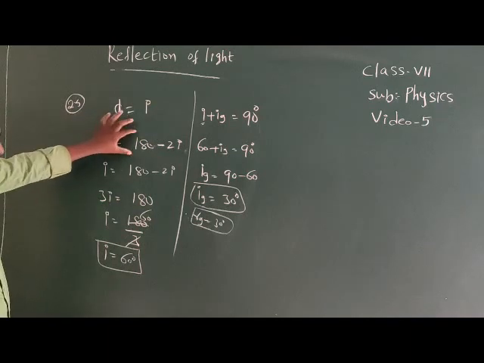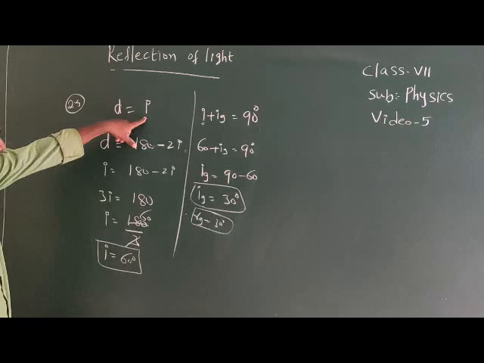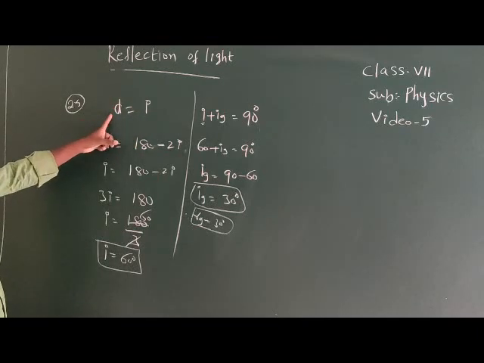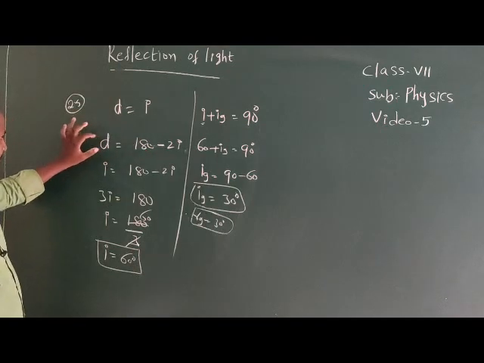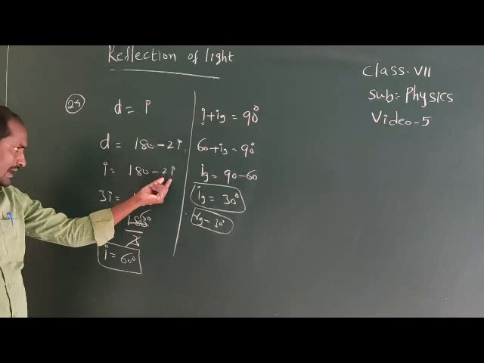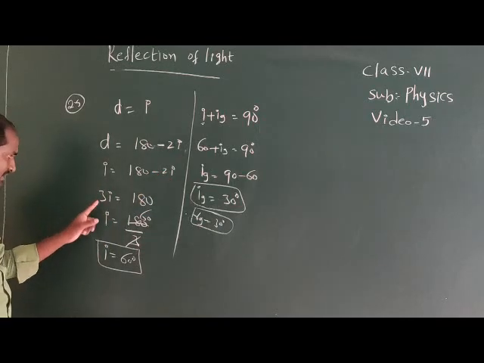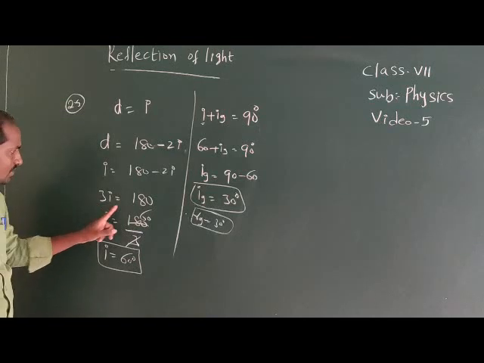So D equals 180 minus 2i. In the place of D we can write i, or in the place of i we can write D also. Now we expect that model also. So D means i equals 180 minus 2i. Minus 2i coming to this side, 3i equals 180.